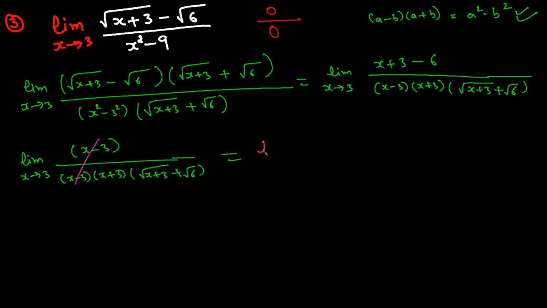So I'm left with the limit as x approaches 3 of 1 over (x plus 3)(root of x plus 3 plus root of 6). Alright, so when we plug in x equal to 3 over here, I get the square root of 3 plus 3, which gives me square root of 6. So I got 1 over square root of 6 plus square root of 6.